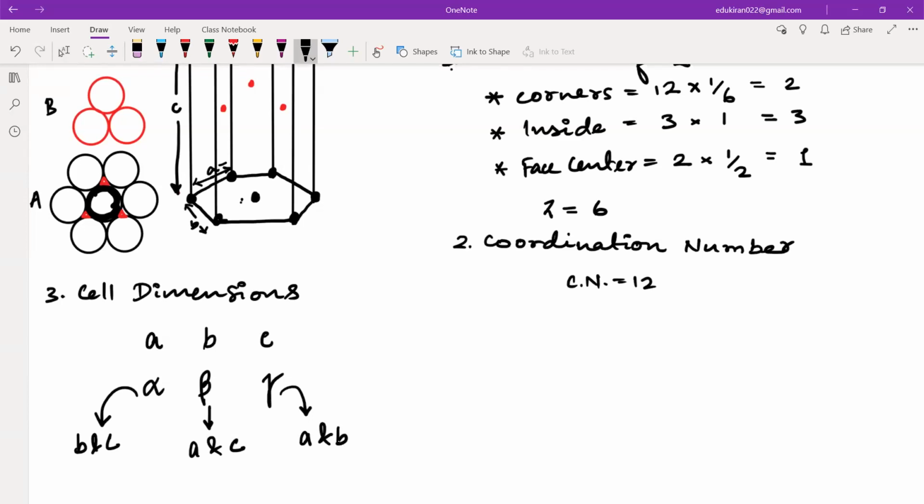Where is the width? This is B. So you can say that it can be the same also.